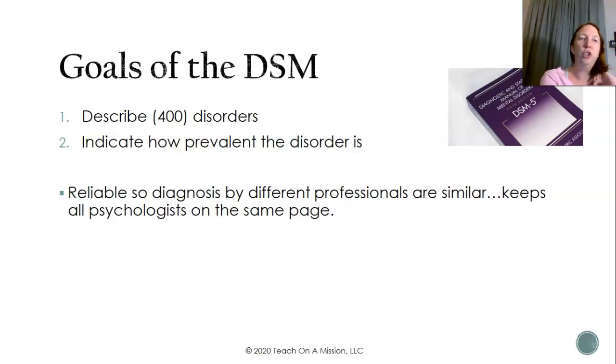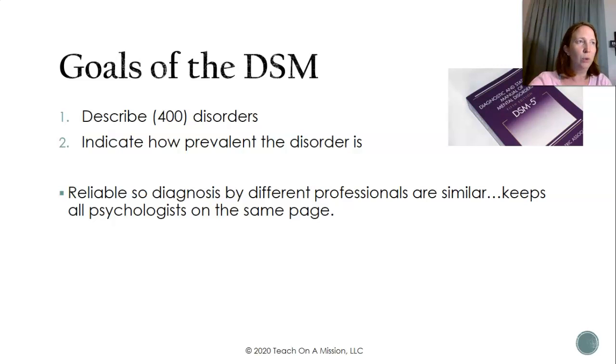In field trials of using the DSM to diagnose people, there was a 70% similarity rate of diagnosing someone with PTSD and someone with an autism spectrum disorder. We'll get into what those are later. But that means that the DSM is very useful to be able to identify those two disorders.